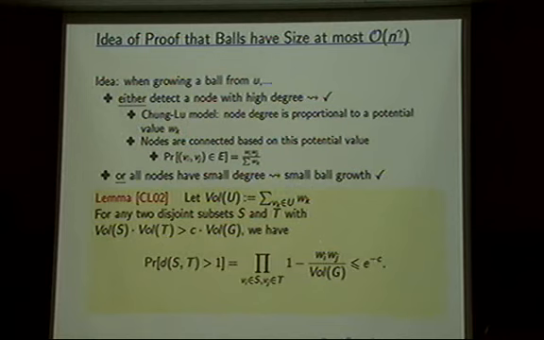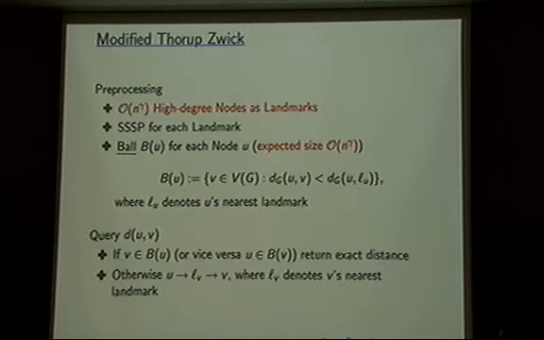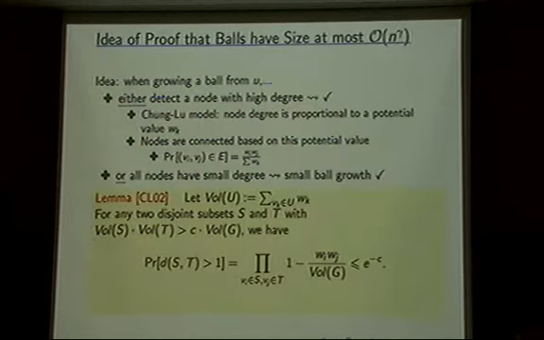And how do we do it? Well, I guess you already believe me that storing the distances to all the landmarks will take space n times n to the gamma. That's a trivial thing because we just selected it that way. The only thing that remains to prove is that the expected size of the ball is at most this. And this is the idea. When we grow a ball from a node U, then either we detect a node with a high degree, and then we are done.